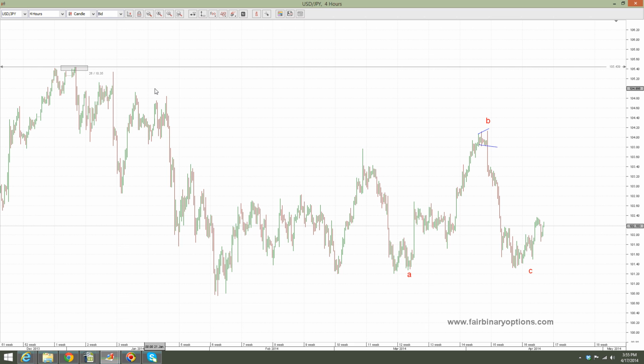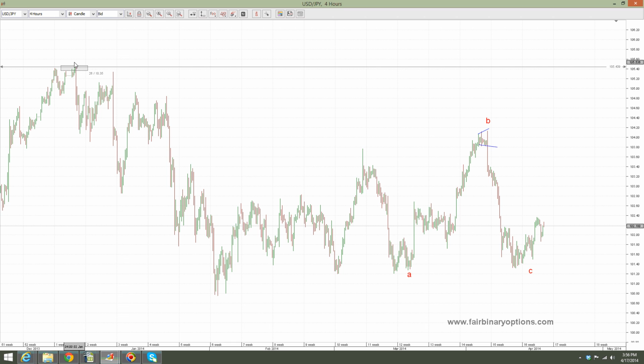The reason for that is that the move prior to this flat is yet another flat, and in a flat you need the B wave to retrace more than 61.8 when compared with the previous wave A. Now this one retraces more than 100, so this is being called an irregular flat.